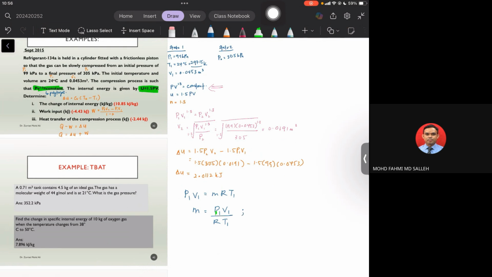So we have the value for P1, we have the value for V1, we have the value for T1. However, we don't have the value for the specific gas constant for refrigerant 134A gas.